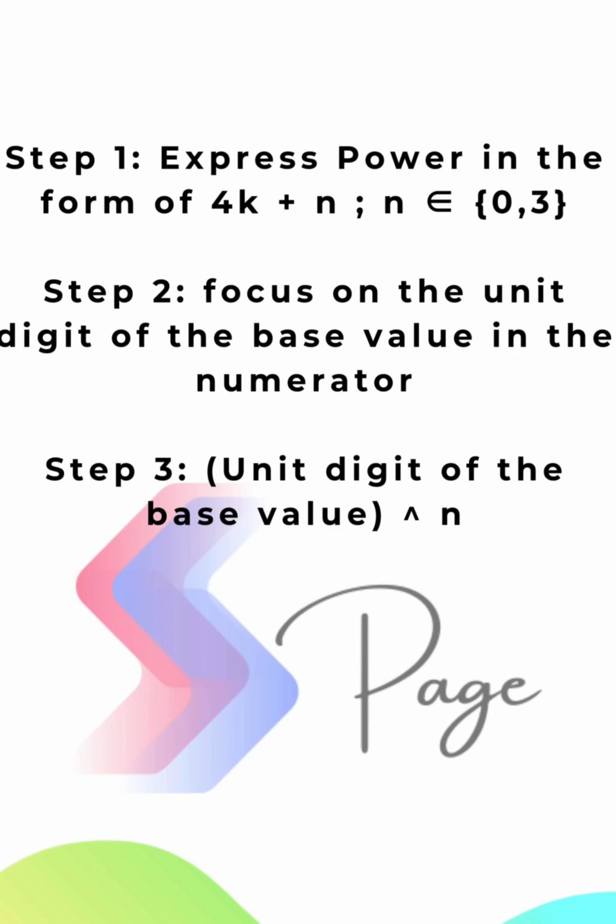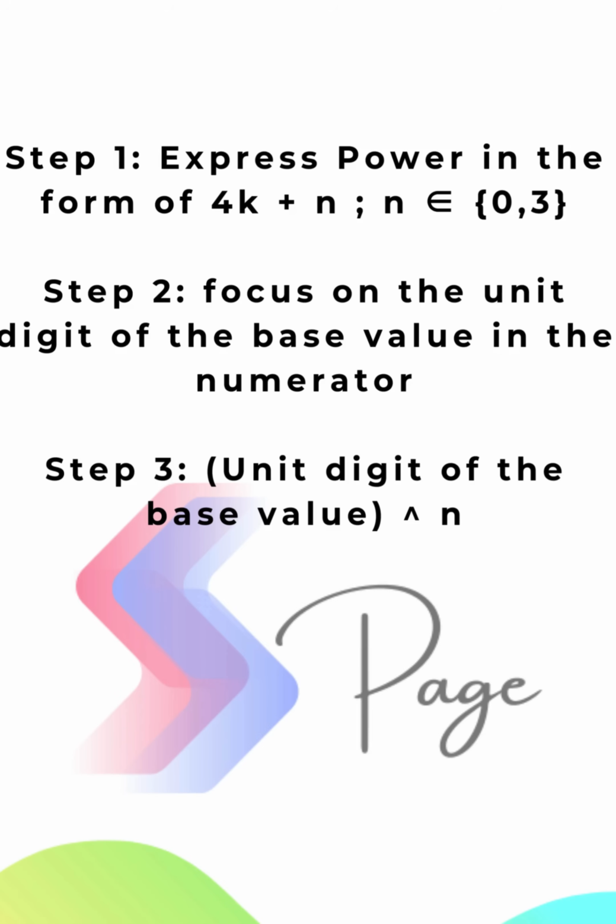And 4 raised to the power 3 gives 64. So just take the unit digit of 64, which is 4 over here. So what I'm trying to say is that if 44 raised to the power 43 is expanded, there will be only one resultant value, and the unit place of the resultant value will be 4.